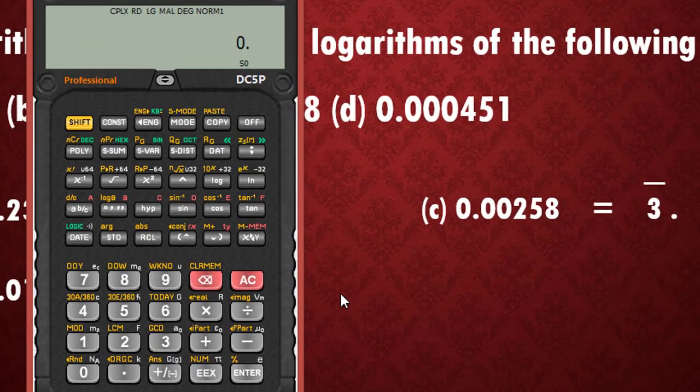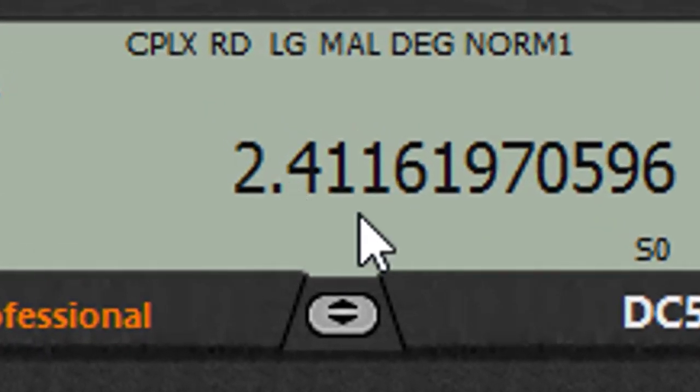With our calculator, press log 258 and press equals or enter. The only thing we need here is the mantissa, which is the 4 digits after the decimal. So we don't need this characteristic, which is the 2. We only need 4, 1, 1, 6. So we're stopping at 6.